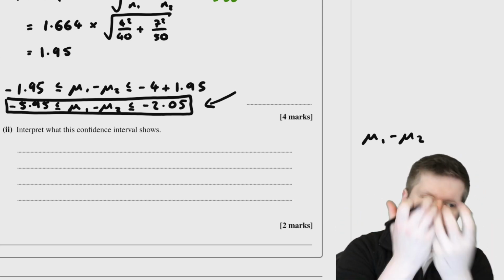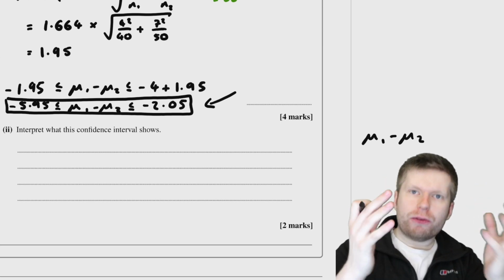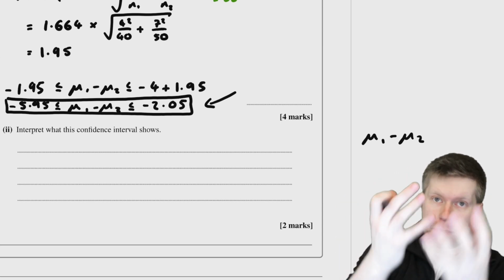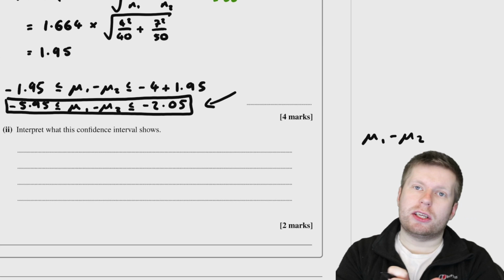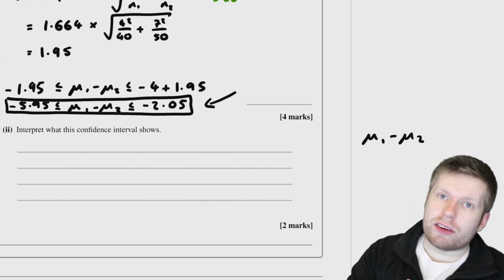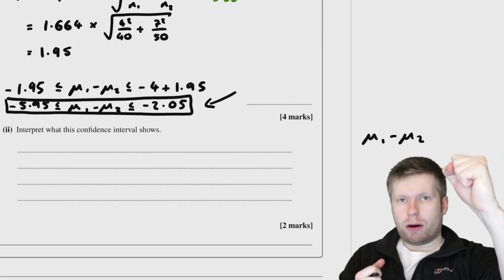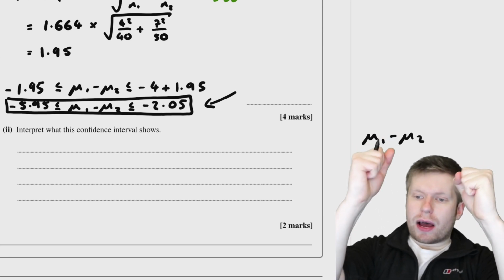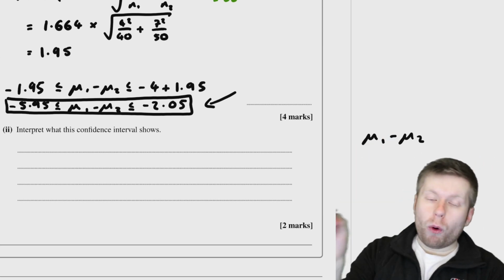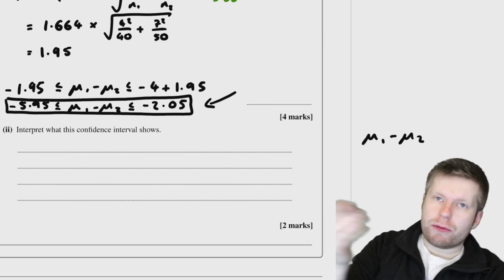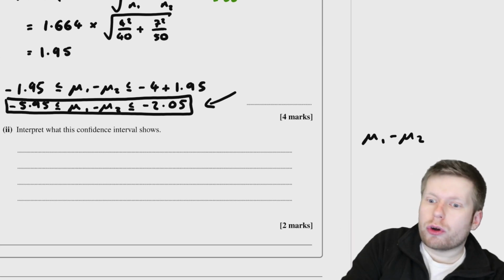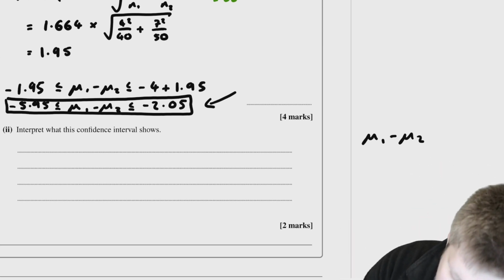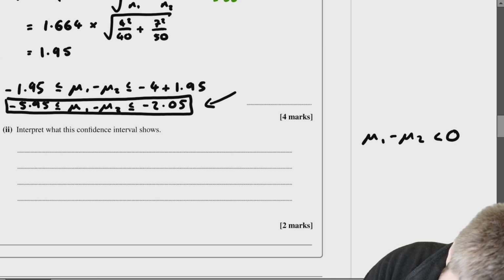So I'm 90% confident that the difference in the true population mean lengths of the baguettes baked by each bakery has got to be negative, because I've got a negative value on my lower threshold and a negative value on my upper threshold. So therefore the difference in the mean lengths has also got to be negative. Because it's negative, I'm going to write that as less than 0.